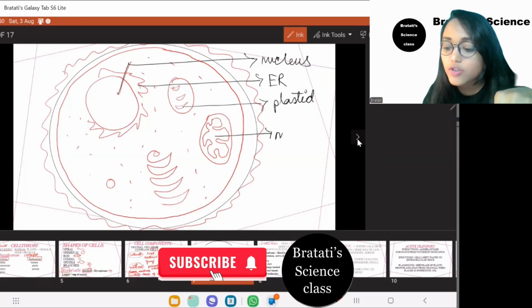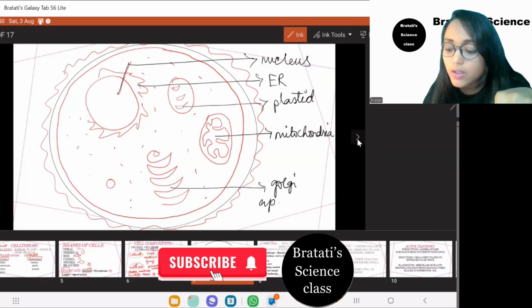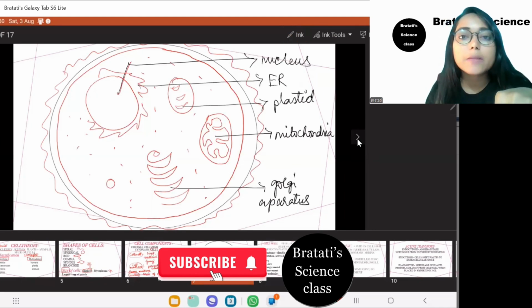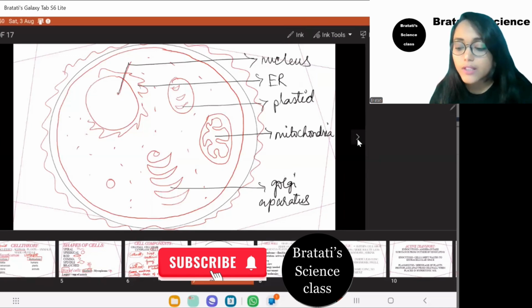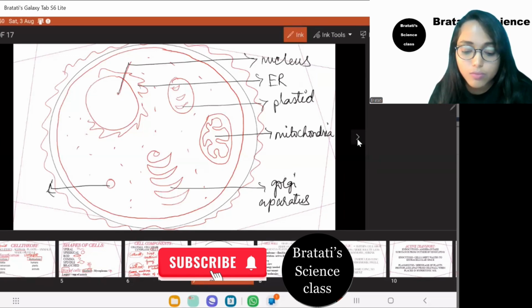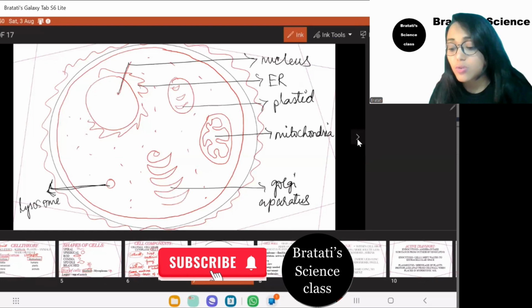This is the mitochondria, which is the powerhouse of the cell. This is the Golgi apparatus, which helps in the transportation in the cell. I will tell you more. And this is the lysosome. Lysosome is sometimes called the suicidal bag, as it has the digestive enzymes that digest all the things.